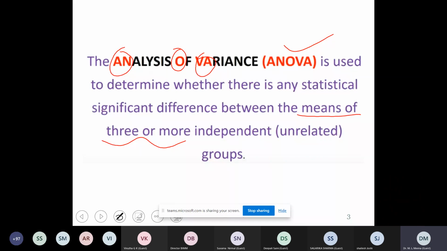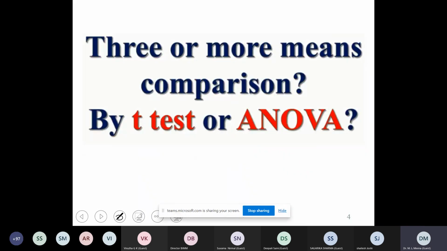The ratio between these two variances forms an F distribution, which changes shape depending on the degrees of freedom in both the numerator and denominator of the F ratio.